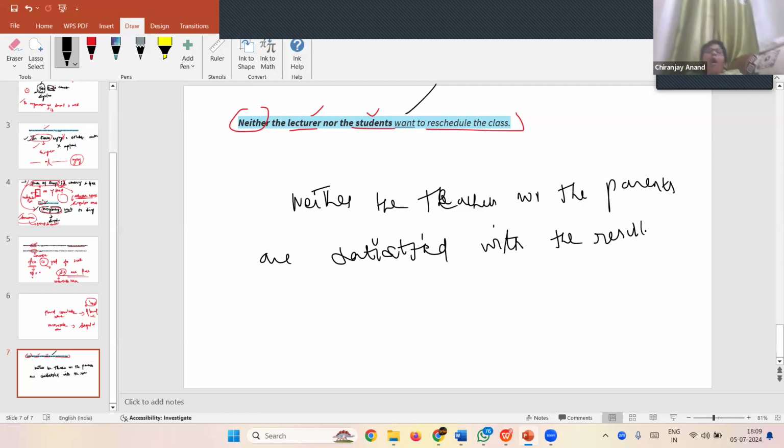Is my handwriting clear? Yes, ma'am. Tell me now whether this is right or not. Neither the teacher nor the parents are satisfied with the test results.